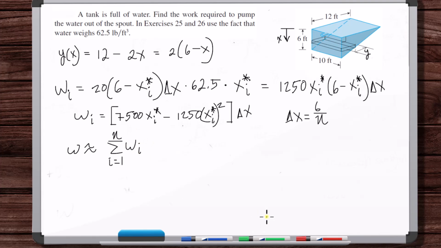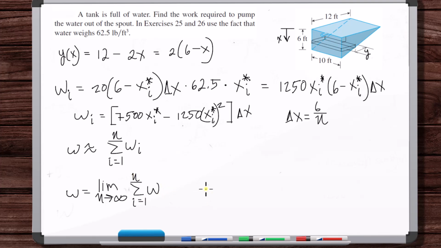You can choose n equal to 10, 20, and get an approximation for the work done to pump all this water out. But the work is exactly equal to the limit as n goes to infinity of the sum from i equal to 1 to n of Wi.